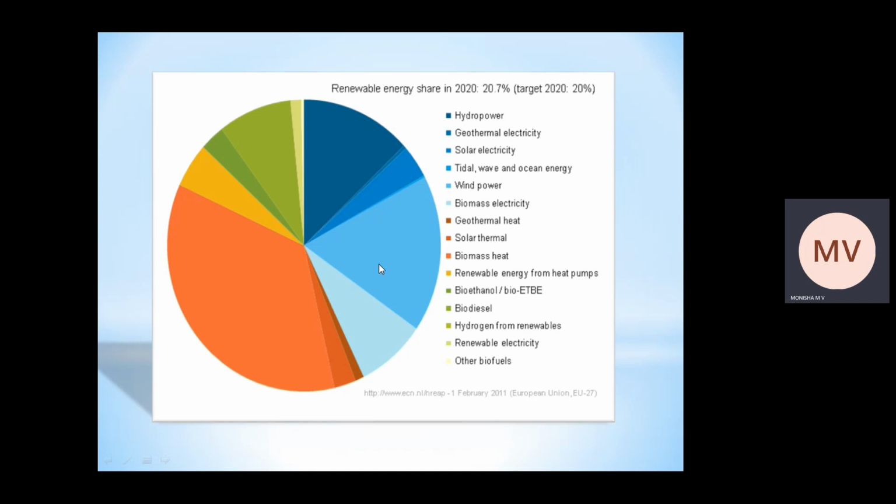Presently, how are we using renewable energy in India? According to the 2020 census, this is the pictorial representation. This part is solar thermal energy, this is biomass, and this is geothermal energy.